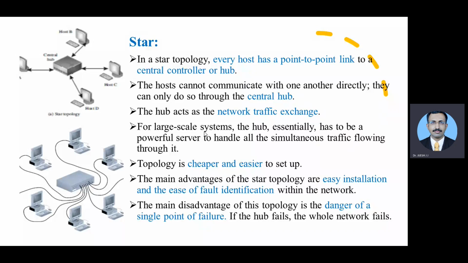It is easy to track and very easy to establish the connection. It is very cheap and all those things are there. Those are some of the advantages. But a major disadvantage is that if your hub directly fails, the entire network will fail. So you will not have any connection being established further.